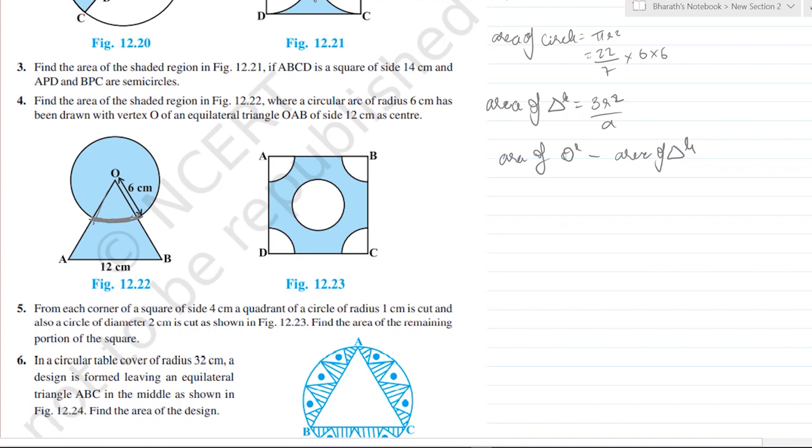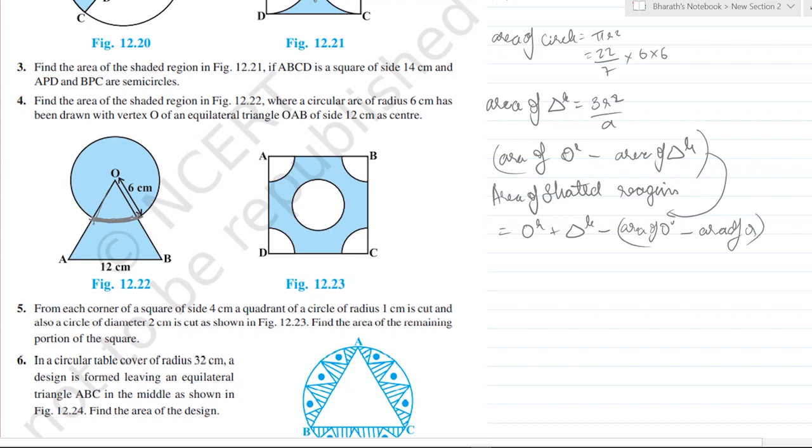Now, to find the area of shaded region. Area of shaded region is equal to area of circle plus area of triangle minus this whole thing, area of circle minus area of triangle.